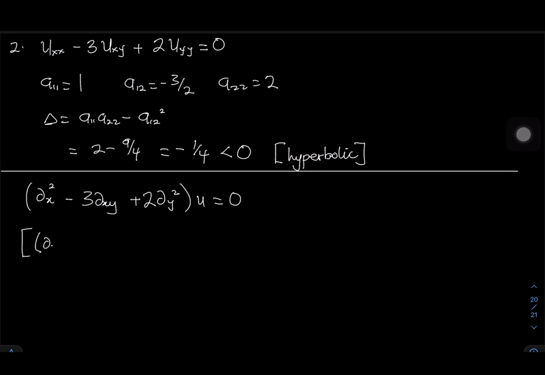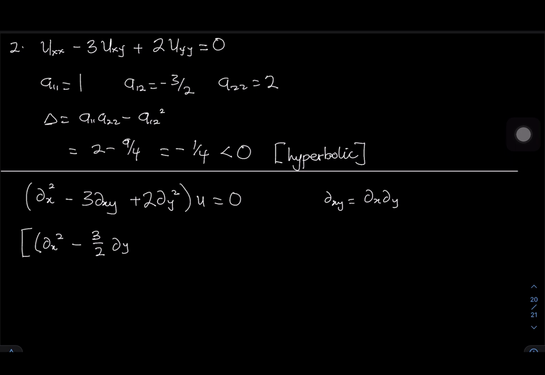We're going to have del x squared minus, completing the squares with respect to del x, 3 over 2 del y, because del xy is the same as del x del y. Keep that in mind.